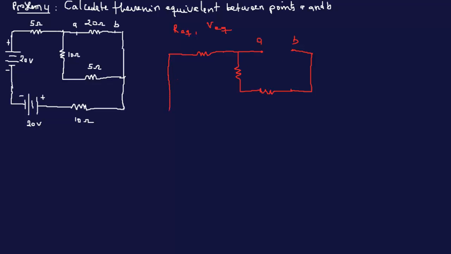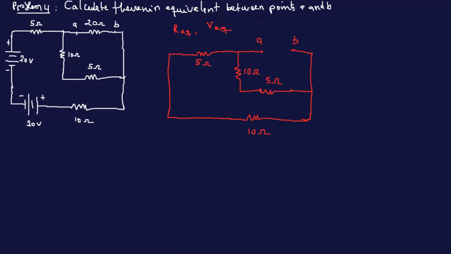Thevenin between A and B means the voltage across A and B and the equivalent resistance. So 5 ohms here, we have a 10 here still, 5 here, and 10 here as well. What do we have here?